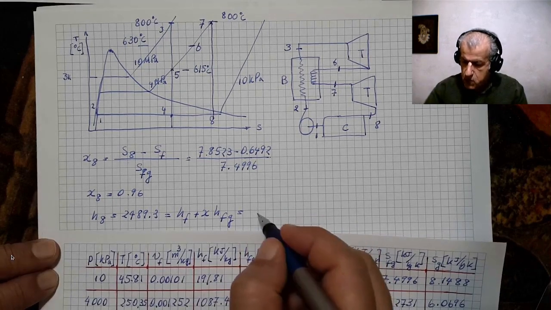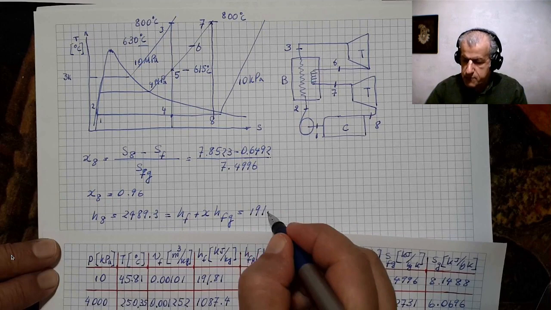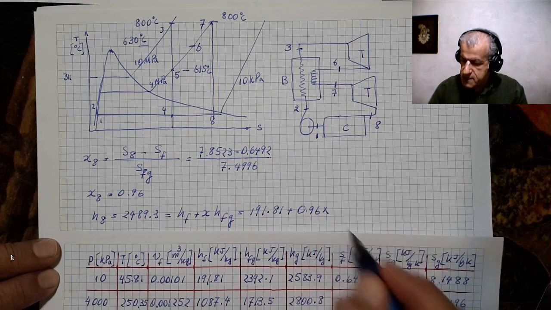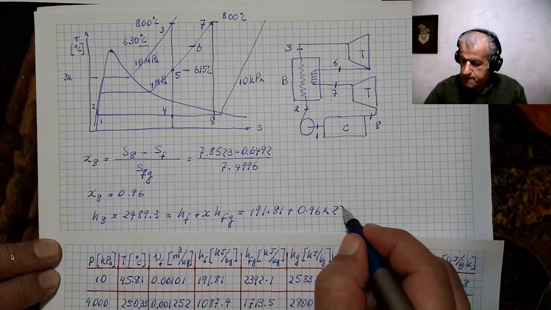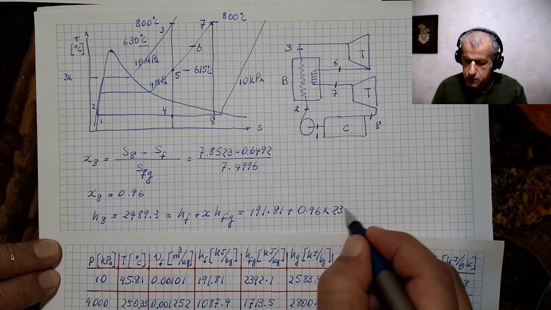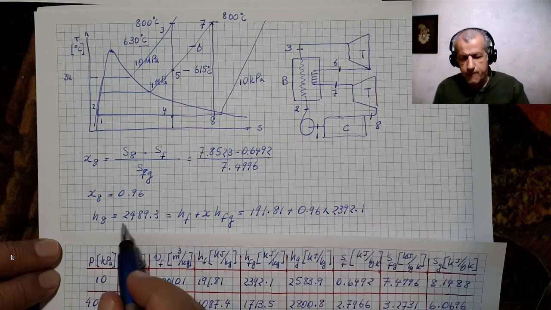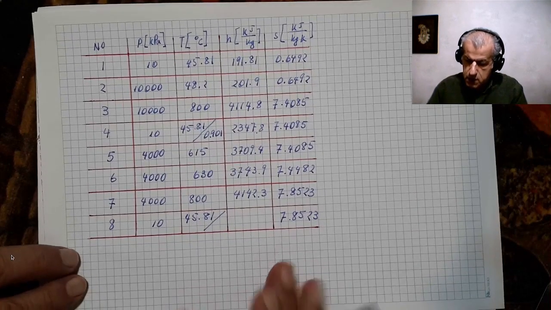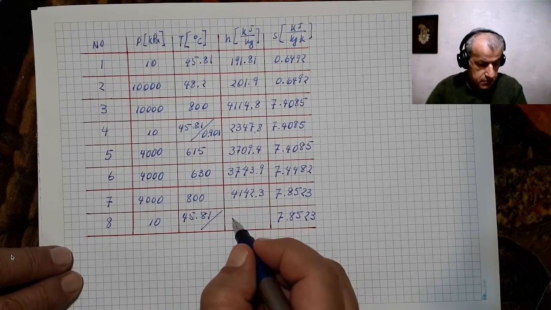HF is 191.81, plus 0.96 times HFG, which is 2392.1, and the outcome would be 2489.3, and we could insert this value into our table to fill in all the properties.